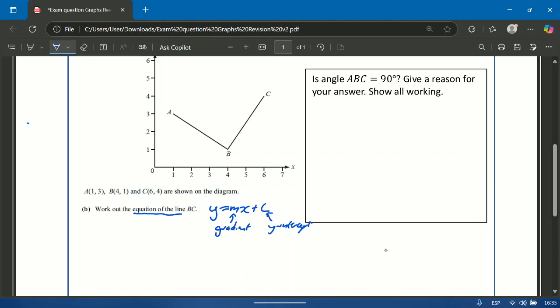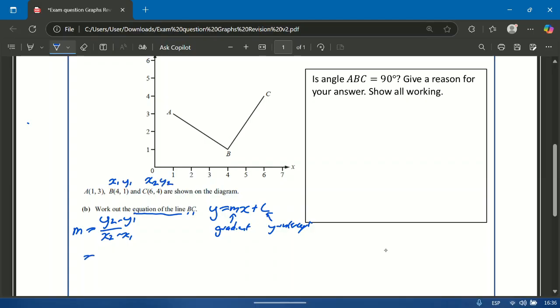Okay, so again, let's start with the gradient. The formula being y2 minus y1 over x2 minus x1. So we're doing BC. So B, I'm going to make that x1. And the C, going to make that x2. So that means this is y1 and y2.